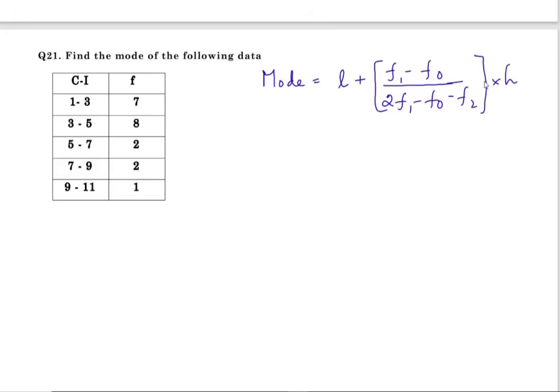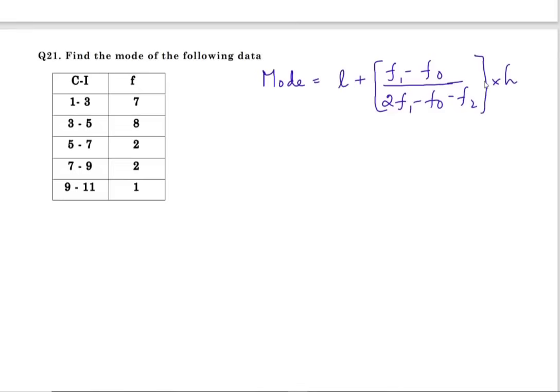Repeat with me: mode equals L plus (F1 minus F0) divided by (2F1 minus F0 minus F2), into H. Students, learn the formula first. Now without seeing, try to write it once. I'll give around 2 to 3 seconds to write it.